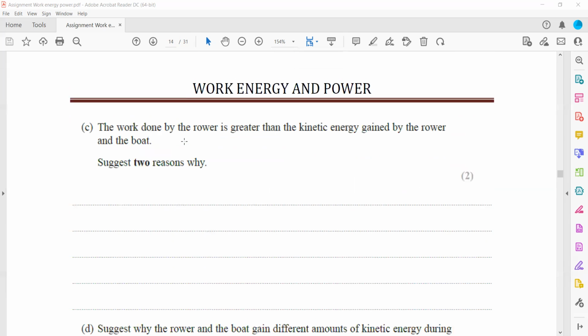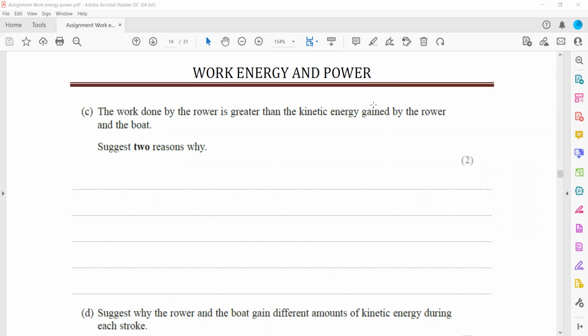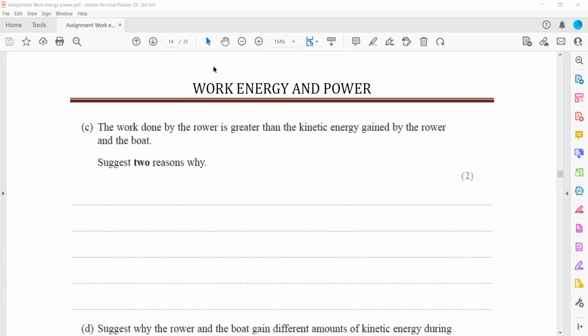The work done by the rower is greater than the kinetic energy gained by the rower and the boat. So just two reasons. The rower is doing a greater amount of work, but the kinetic energy gained by the boat is less than the amount of work he does every stroke.